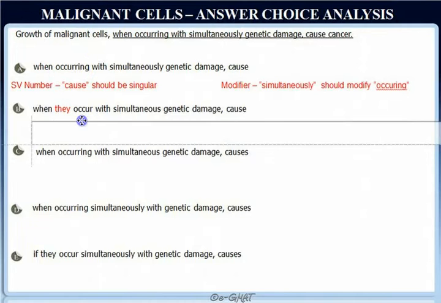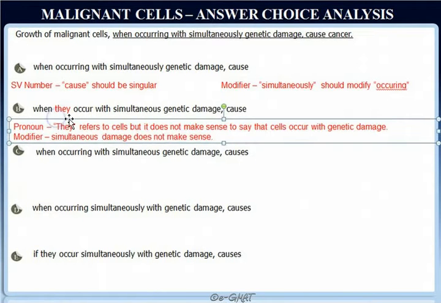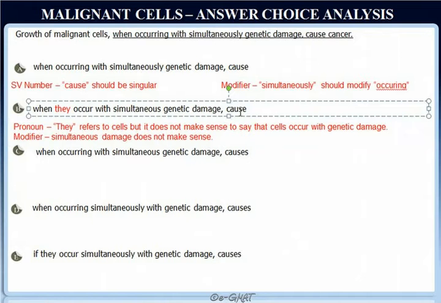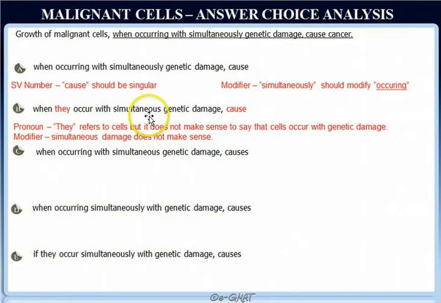So the pronoun they is incorrect. Also, this has the same errors. Cause is incorrect here. It should have been causes, so you have a subject verb agreement error as in choice A. Then look at the word simultaneous. Now we have converted it from adverb to adjective, but here adjective doesn't make sense.